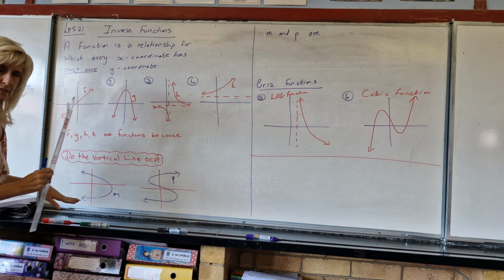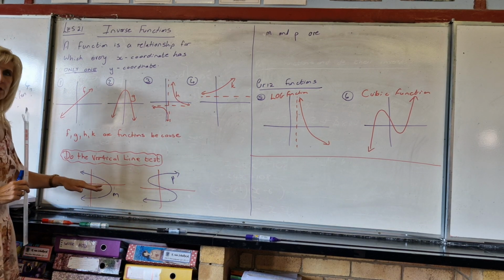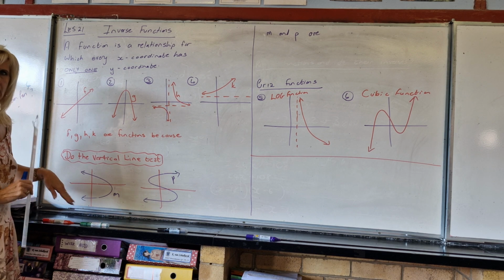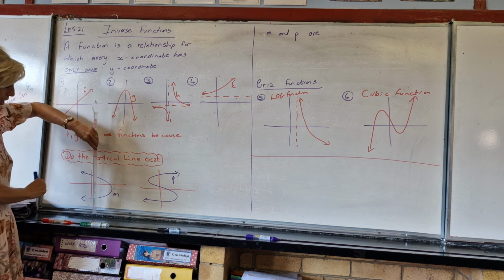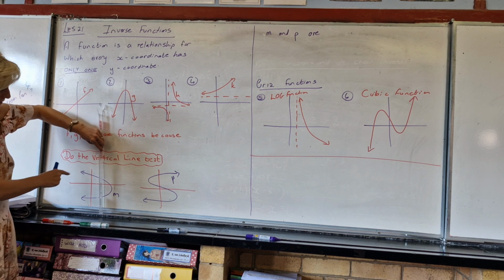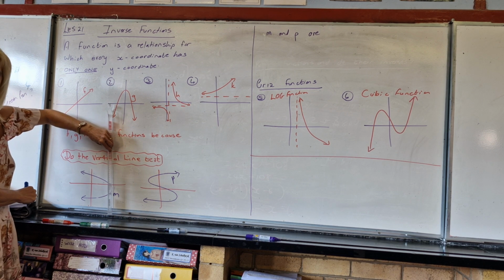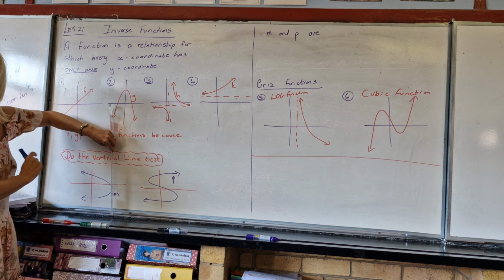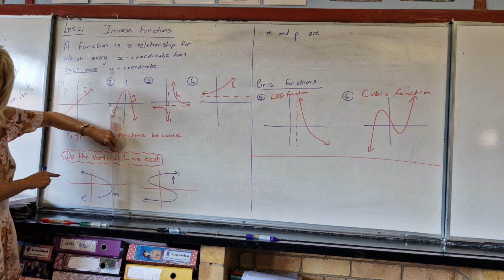But in this case, which are inverses of cubic graphs and inverses of parabolas, when I do that, I'm going to cut more than one place. Sometimes, because if that's a turning point, for that specific x, there's only one y. For that sideways turning point, there's only for that x one y.